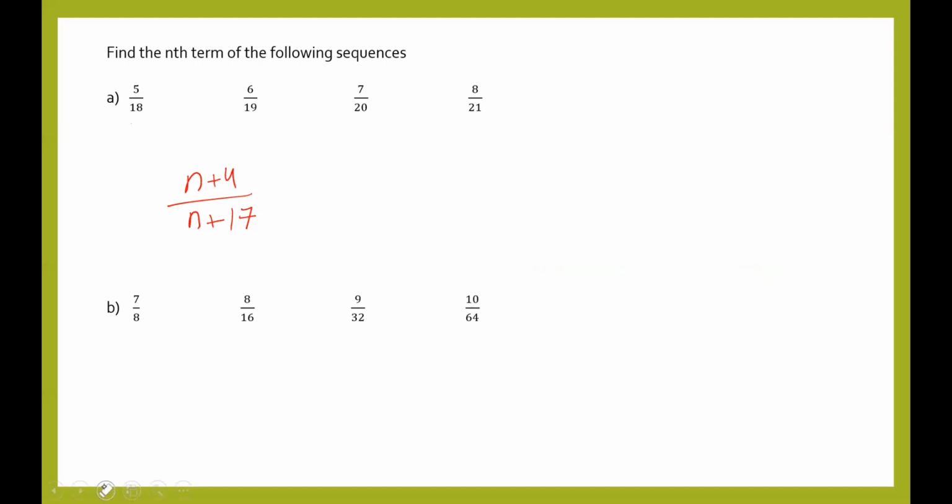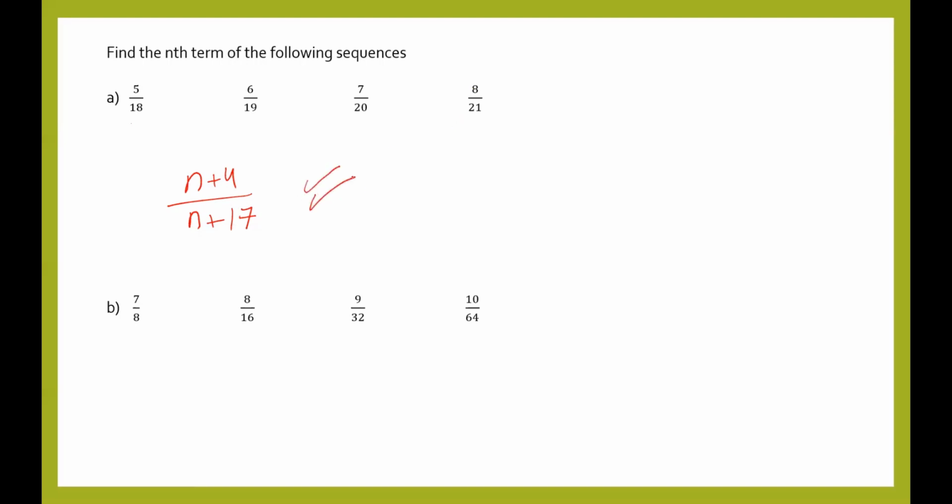If we replace n by 1, 1 plus 4 is 5, 1 plus 17 is 18. If we replace n by 2, 2 plus 4 is 6, 2 plus 17 is 19. If we replace n by 3, 3 plus 4 is 7, 3 plus 17 is 20. If we replace n by 4, 4 plus 4 is 8, 4 plus 17 is 21.